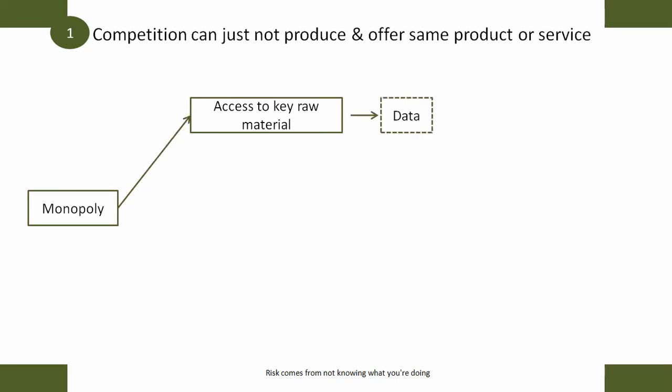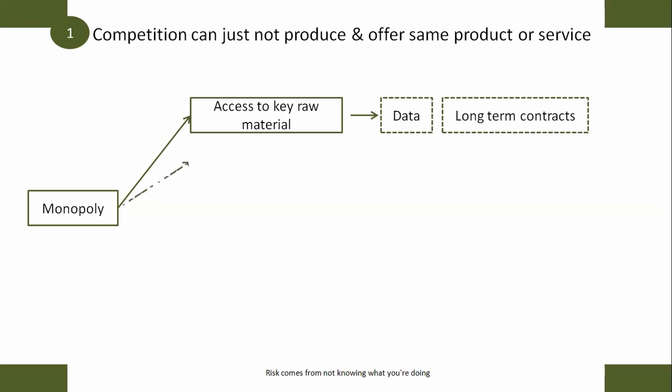It could be, for example, data, which is very important. Google has a lot of data, that is its competitive strength. Or it could be long-term contracts. For example, in India, power sector companies, if they have a long-term contract for coal supply or a long-term contract with the distribution companies to purchase electricity, it's a competitive advantage.